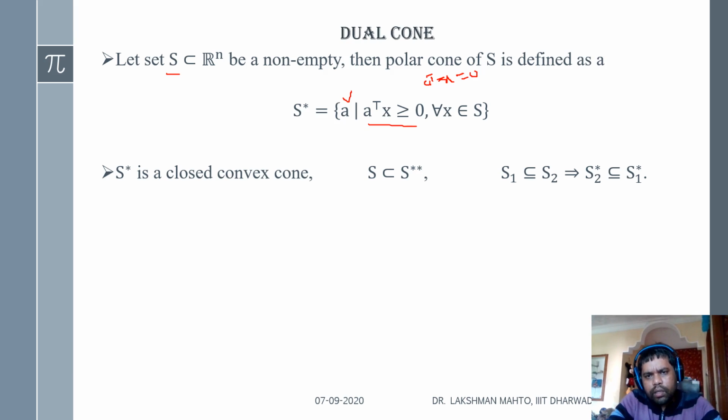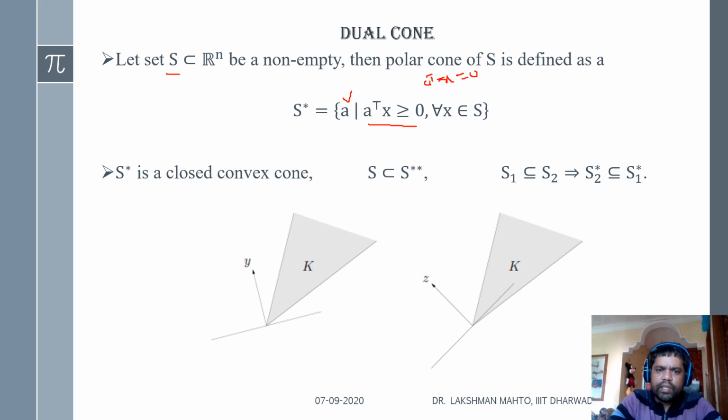So simply A transpose X equal to 0. What you do? Collect all the directions in such a way that this set S falls in the direction of that A. So likewise here, we are taking a set K. K is a given set.